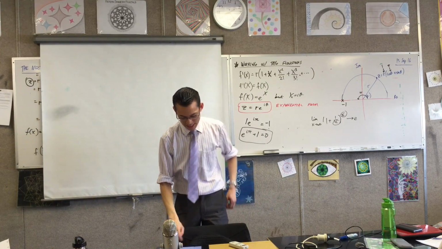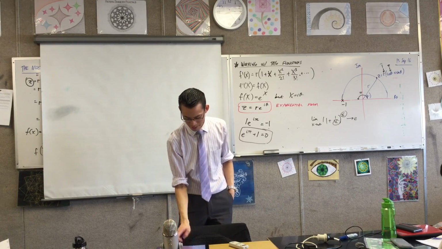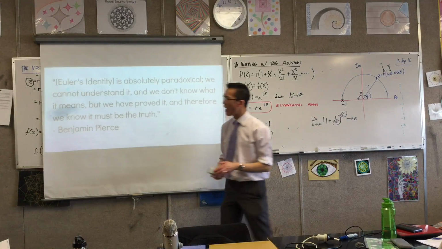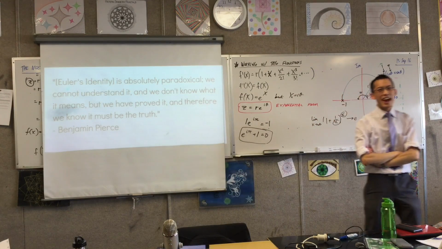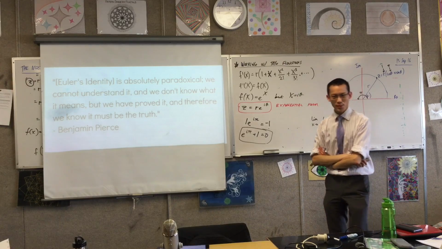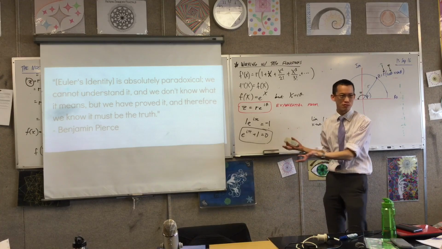You couldn't have given me a better lead into my conclusion, which is, when you say, oh, what can you do with this, right? Well, lots of mathematicians have thought about this, and as they stare, these are the kinds of things they say. It's absolutely paradoxical. We don't know what it is or what it means, but it's true.